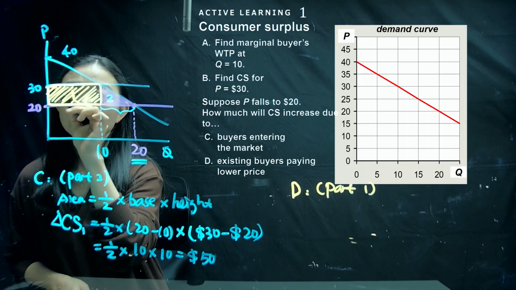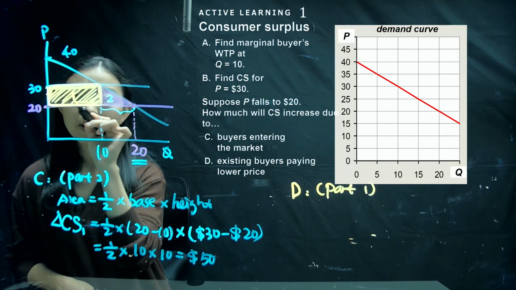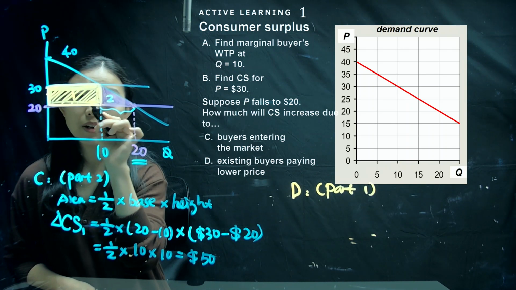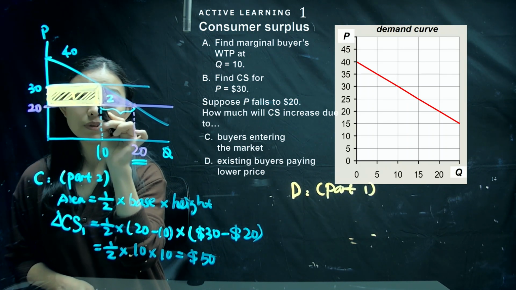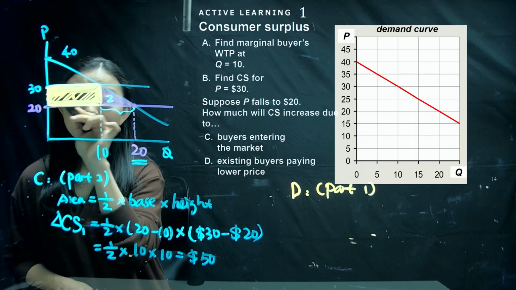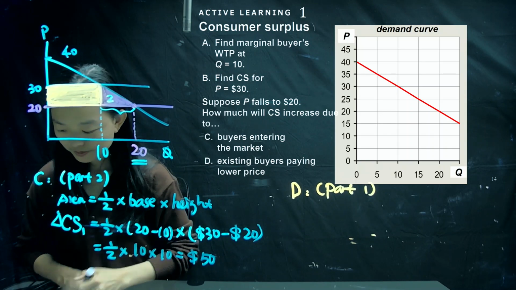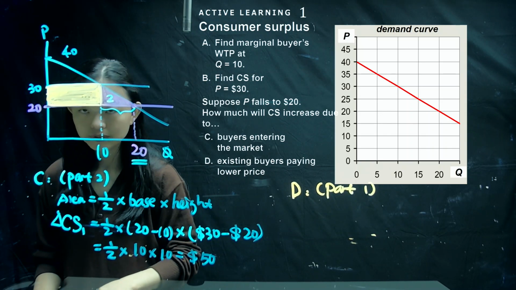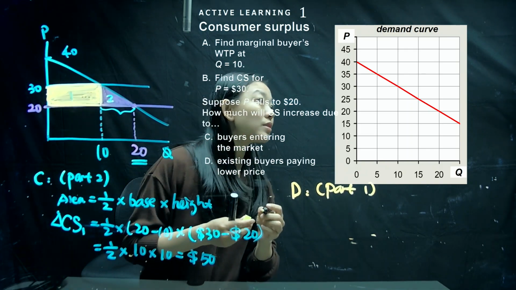So this is the area for the existing buyers. You can see now they can pay a lower price, right? Therefore, their consumer surplus also increases. Okay, so this is our part 1.